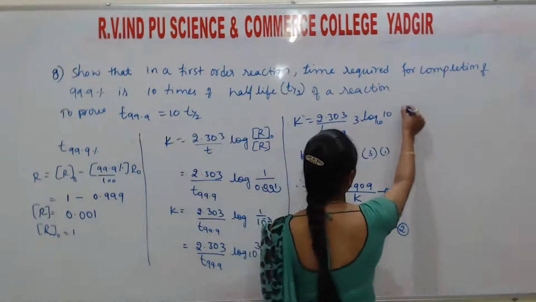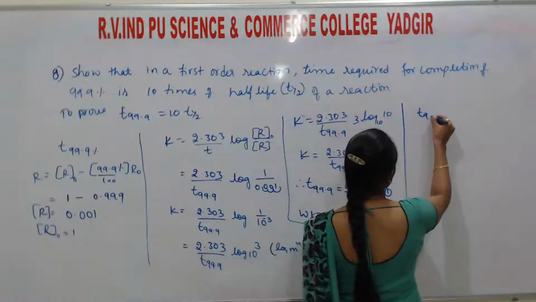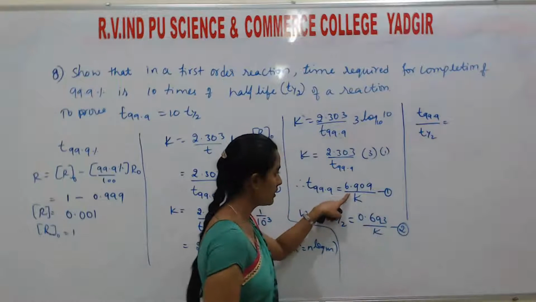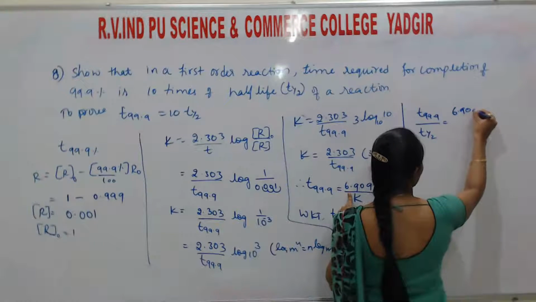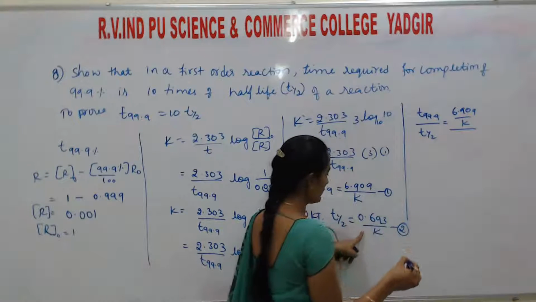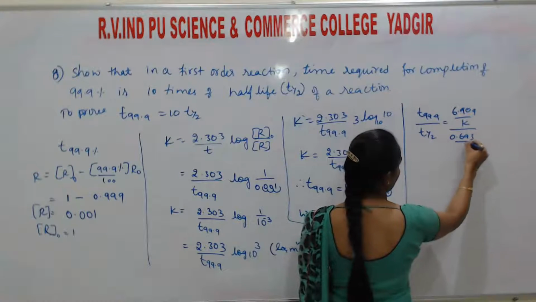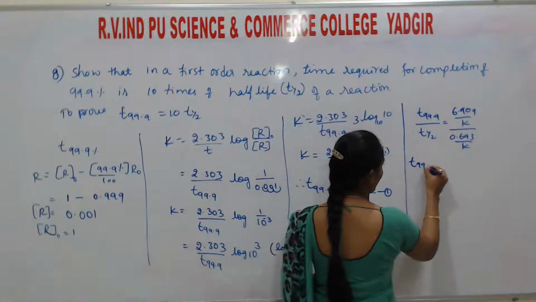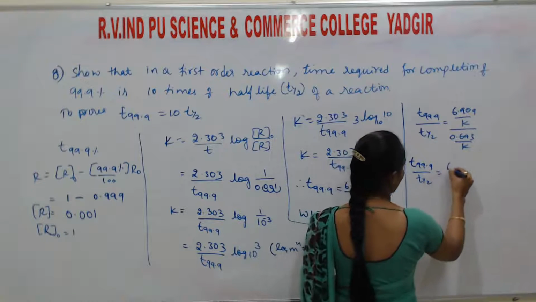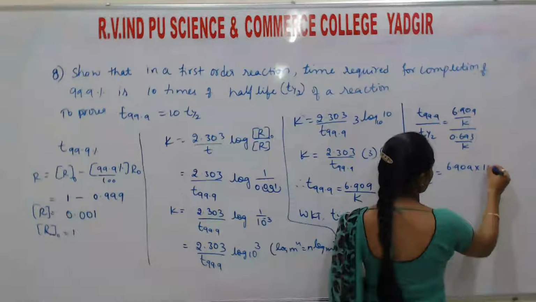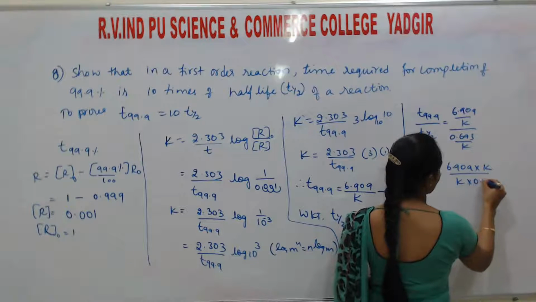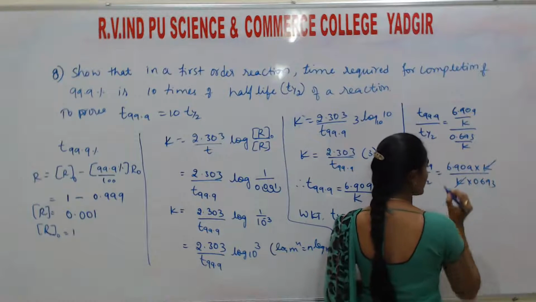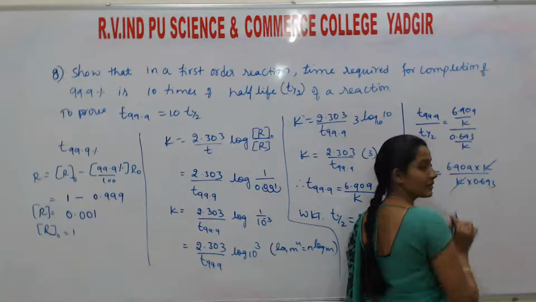We know. So then divide, students, T 99.9 divided by T half. T 99.9 is 6.909 divided by k, and T half is 0.693 divided by k. Correct? Next, T 99.9 by T half is equal to 6.909 into k divided by k into 0.693. This k gets cancelled. 0.69 is there, here 6.9 is there.